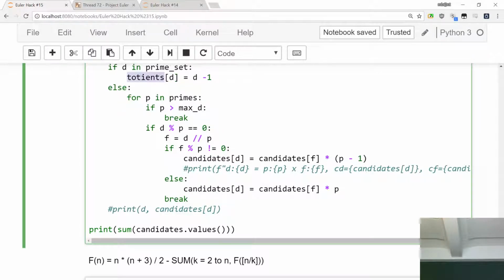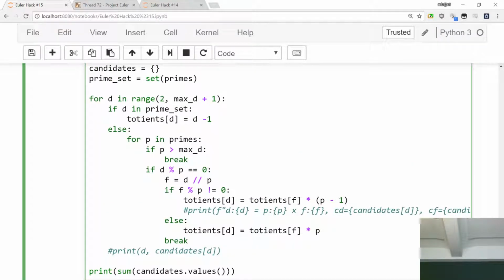But in that case, I would say if you save it as that, then do f in prime set and swap the f and the p. If totients are the co-primes less than that number, are these the phi values? Is that the phi? So what is a totient then?